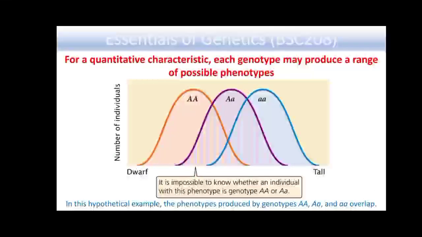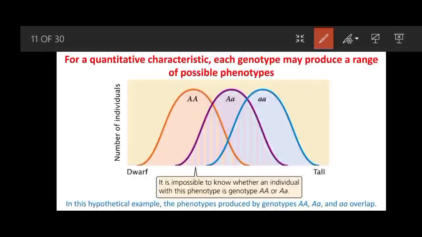As we can see in this figure, for quantitative characteristics, each genotype may produce a range of possible phenotypes. In this example, we have three genotypes: capital A capital A, capital A small a, and small a small a.